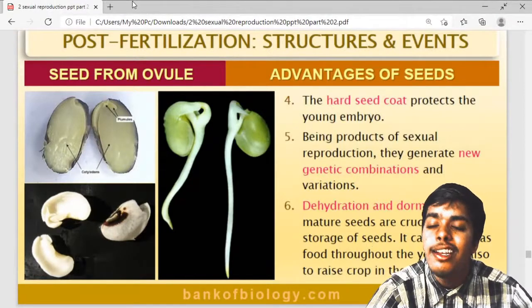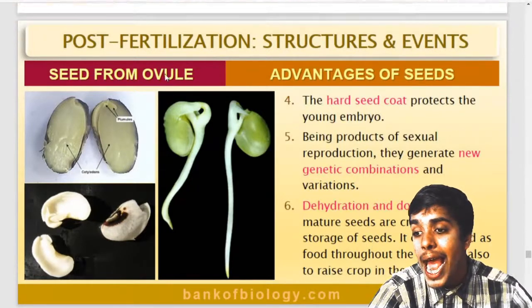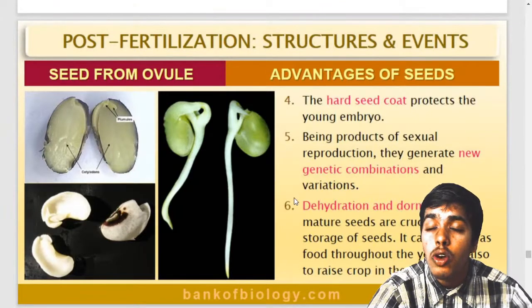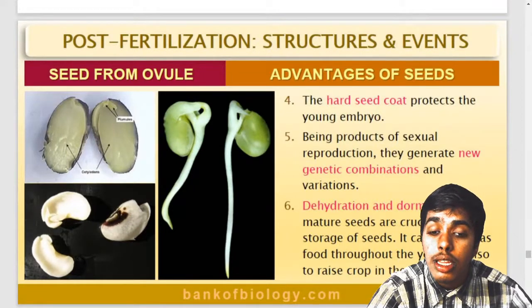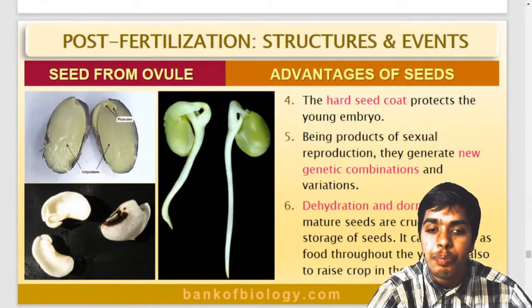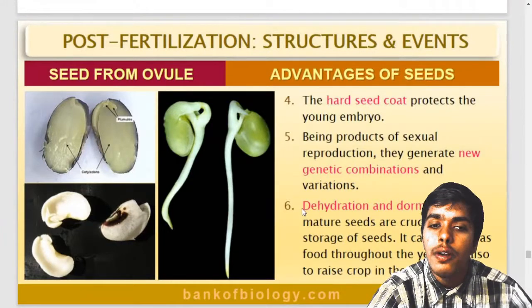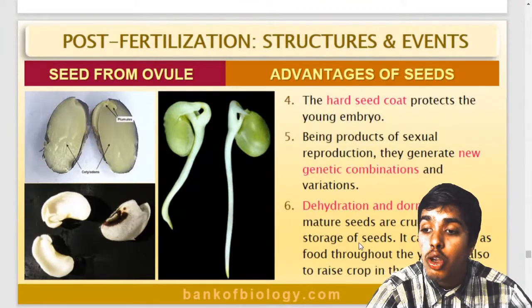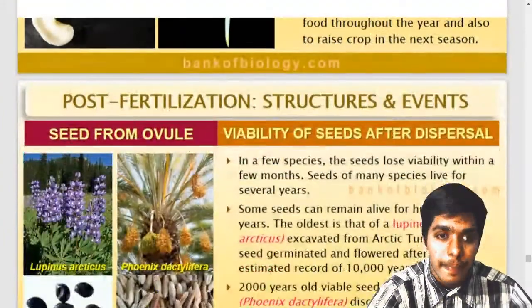Dehydration means they lose water, and dormancy means they are in a stage of inactive growth and inactive metabolic activity. So they can be used as food throughout the year and also to raise the crop in the next season.